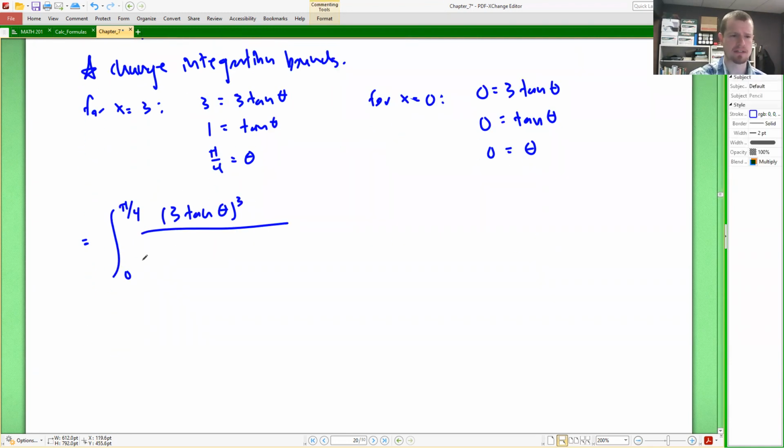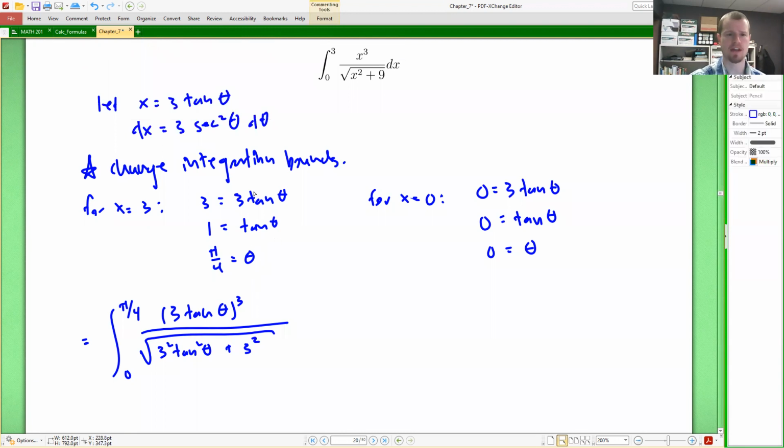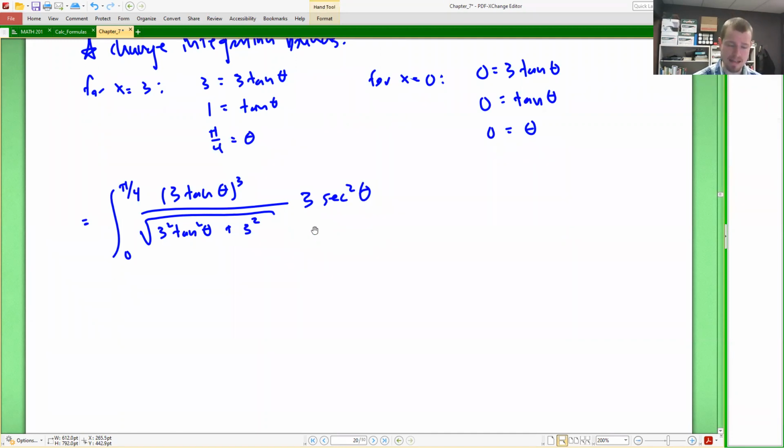So the denominator is the square root of 3 squared tangent squared theta plus 3 squared. And then dx, we said, was 3 secant squared theta. So we've got a bit going on already.